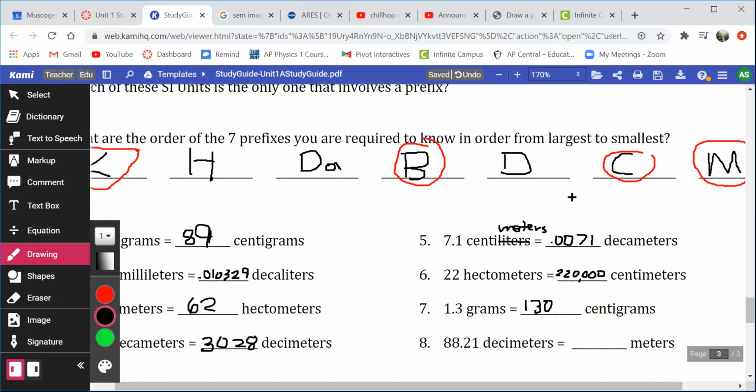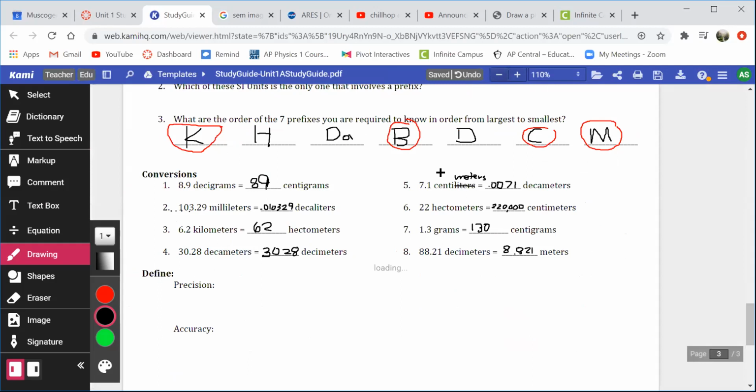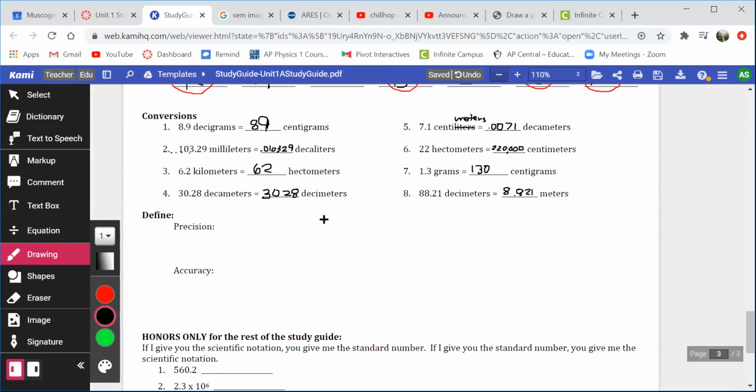There we go. So we're going from deci to base, which is 1 jump to the left. So we'll move our decimal 1 to the left. So 8.821. There we go. All right, and look at that. We are done with our conversions. Good job, guys. We knocked that out pretty quick.